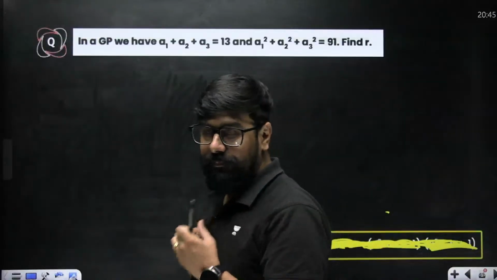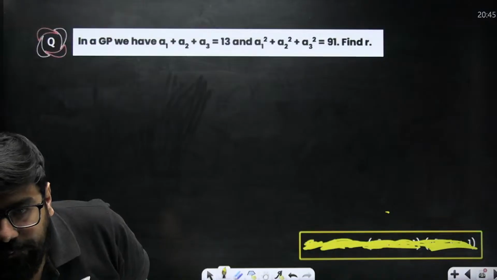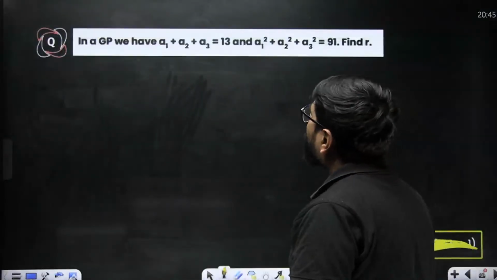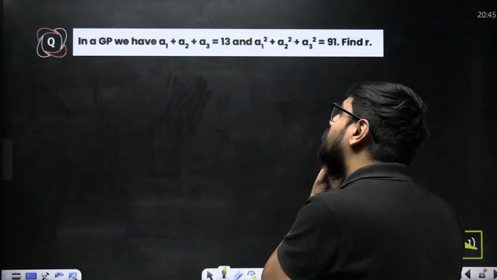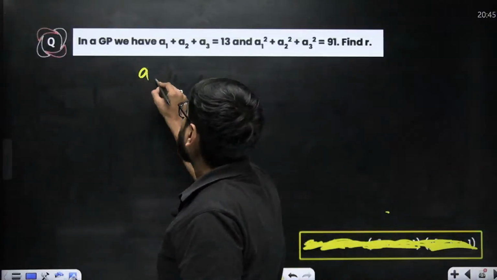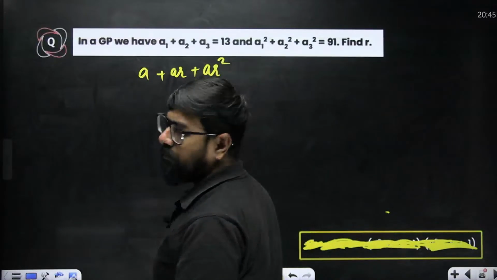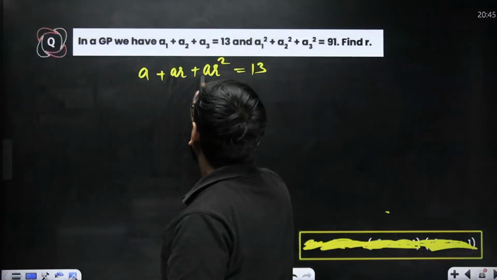Done? Any progress? A by R, A, AR, that won't help. Simply let's see, A plus AR plus AR square, this too we know is equal to 13. What do we have here?